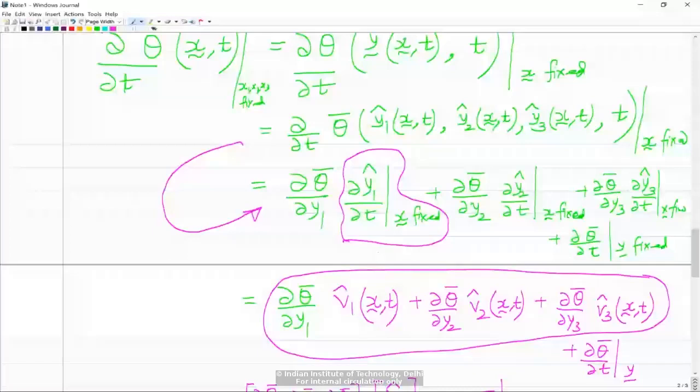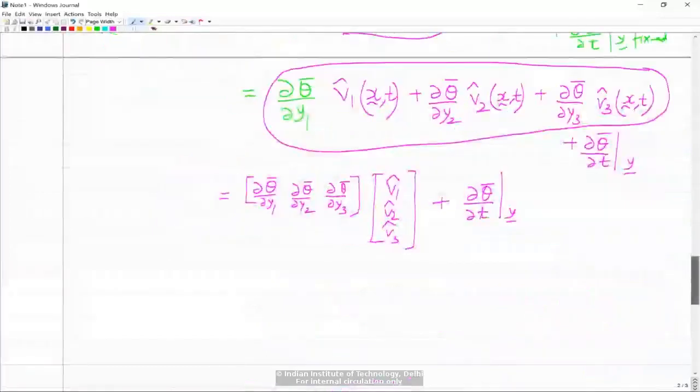When you do the fourth one this time, keeping others fixed, the others are the three components of y. So when you fix all the three components of y, that is like fixing y. Okay? So that's the meaning here.